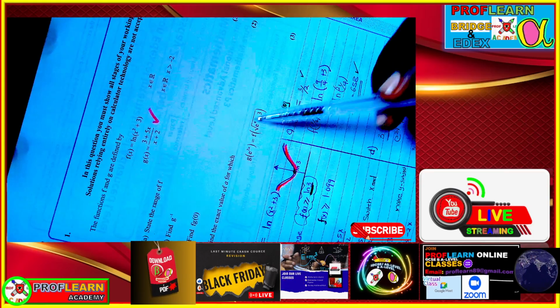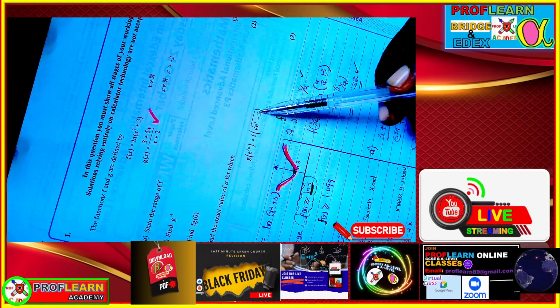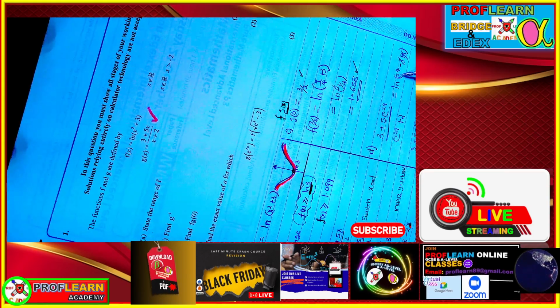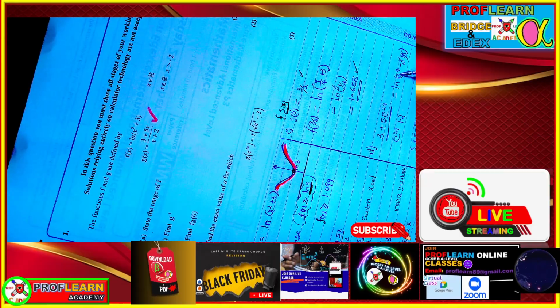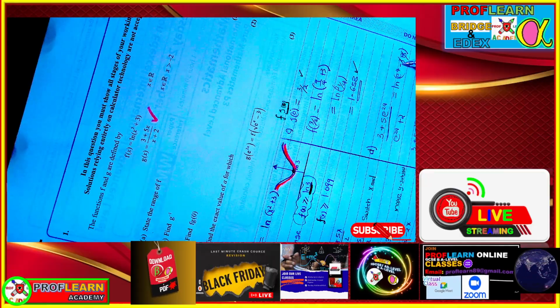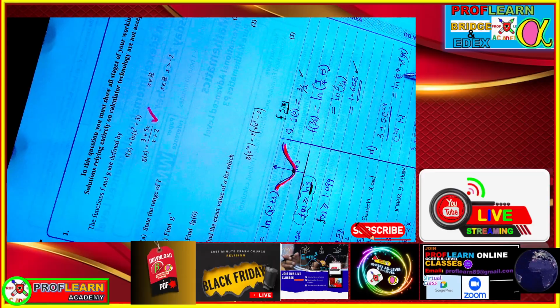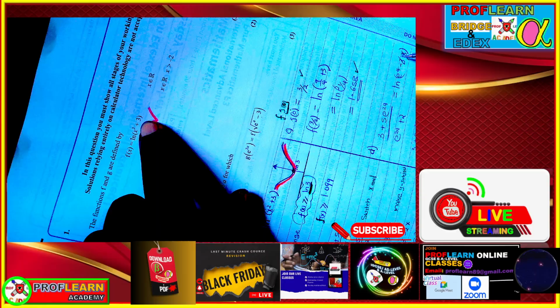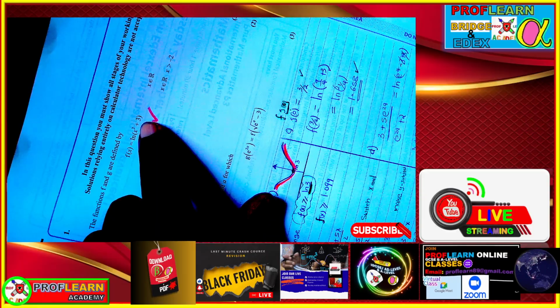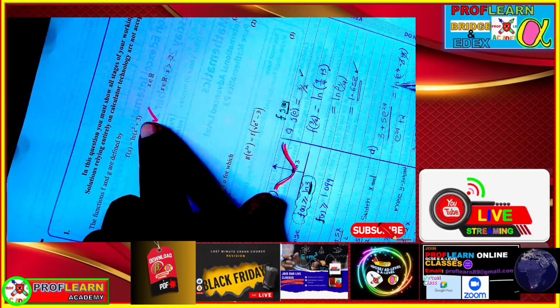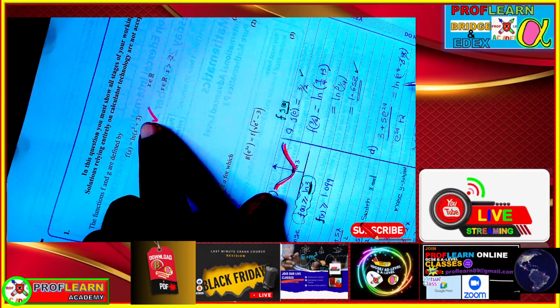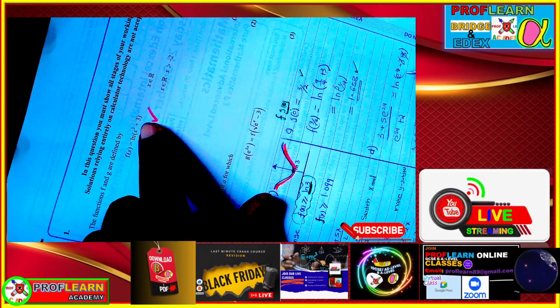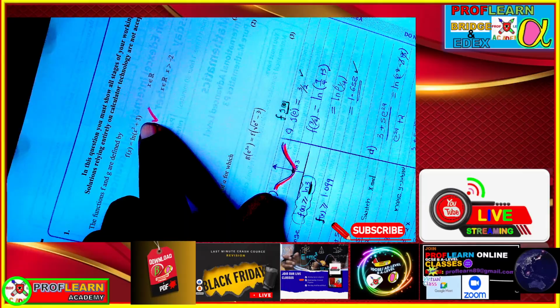So in this case, when this is squared, we are going to remain with e to the 4 minus 3. Then if you substitute that, the minus 3 and plus 3 here are going to cancel out. You end up having ln of e to the 4, and ln of e to the 4 is basically 4.